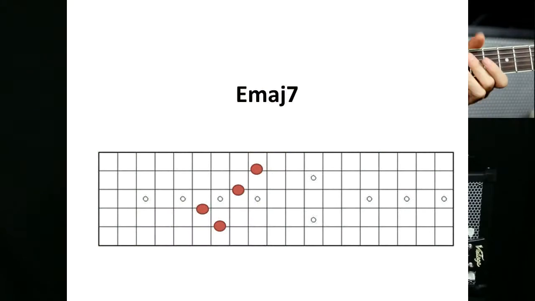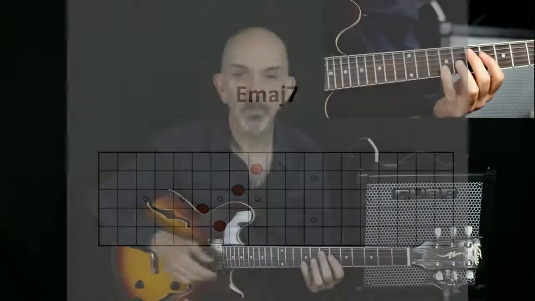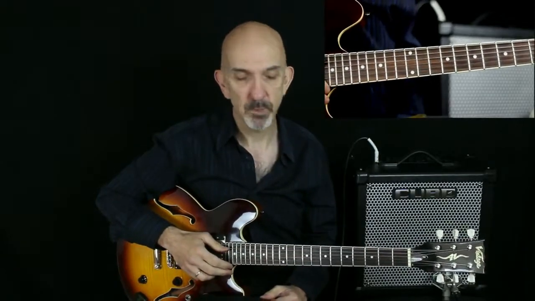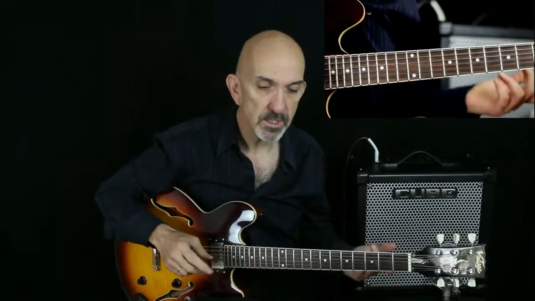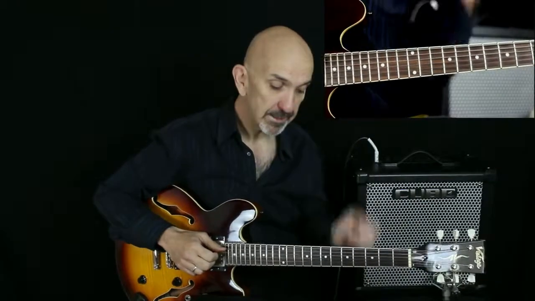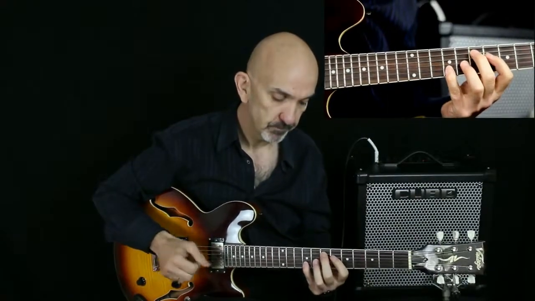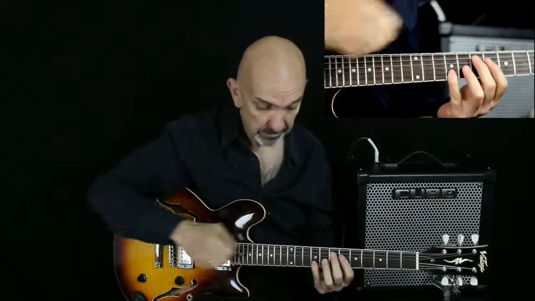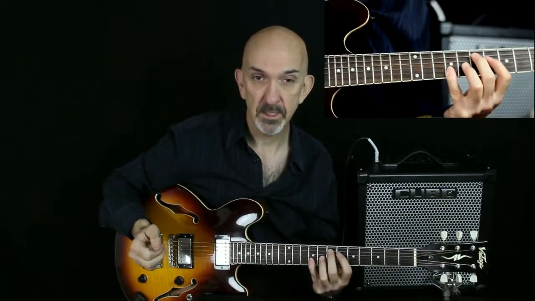Now let's go back to the shape I showed you a moment ago for the E major 7 chord. That's probably the shape I use the most. And I would like to share with you another wee secret that adds color and movement to your comping and to your vamps. You can use this instead of or in combination with the target approach, and it consists of playing different sets of strings. You see, I'm not moving anything in my left hand. The shape of the left hand remains the same.